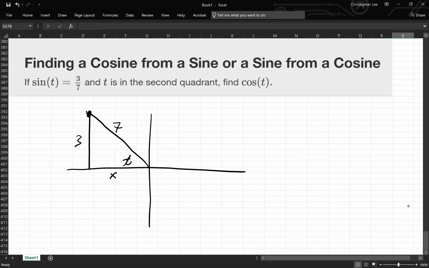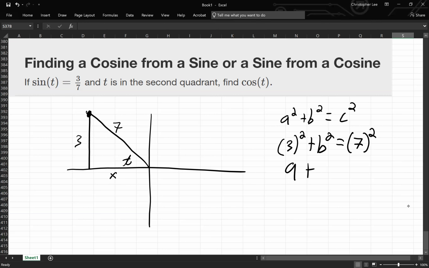To do so, we could very simply just use the Pythagorean theorem. A squared plus b squared equals c squared. Plug in the numbers, and that's it. So I would have 3 squared plus b squared equals 7 squared. 9 plus b squared equals 49.